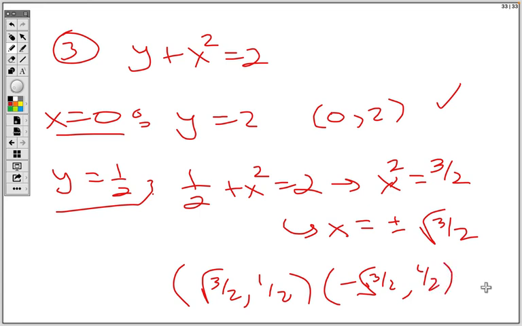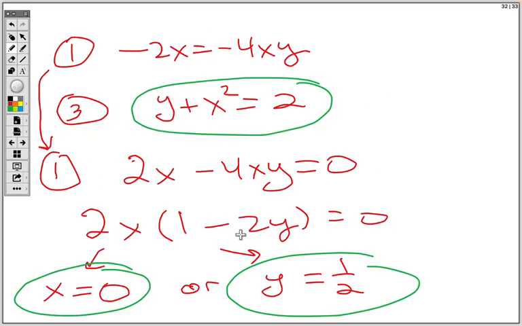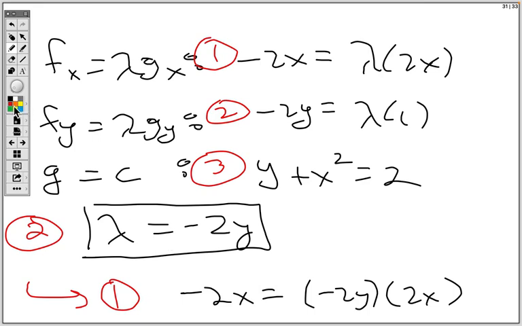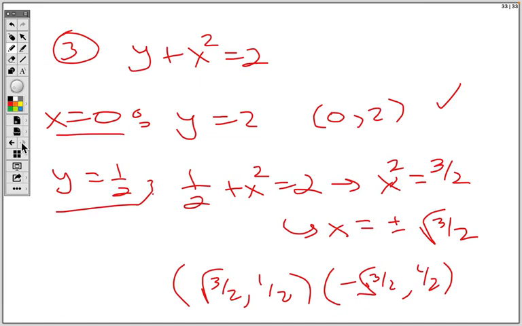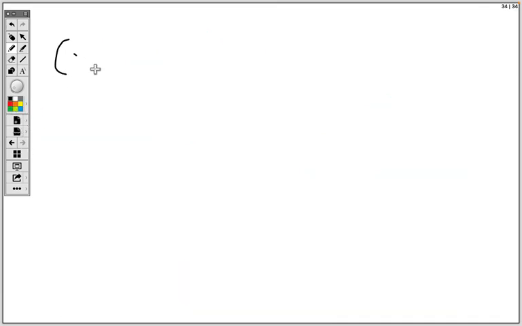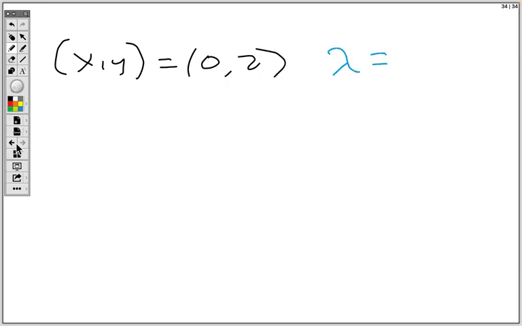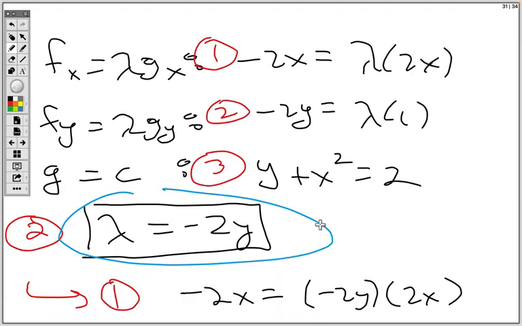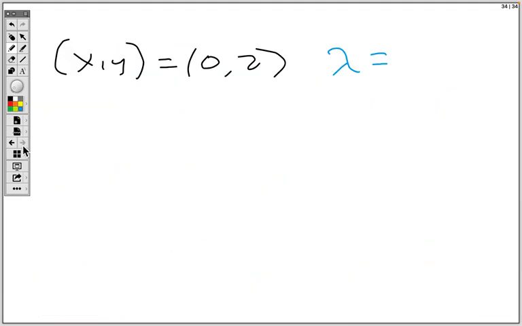Okay. Now once again, this is what we're getting for x and y. We need to make sure that we're going to get lambdas out of this. So we go back then, we know lambda is minus 2y. So for the xy point 0, 2, the lambda here is minus 2y.